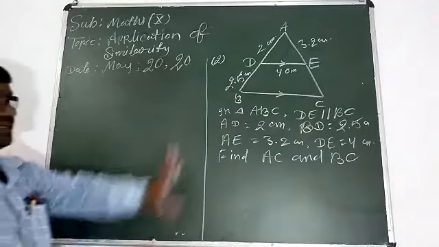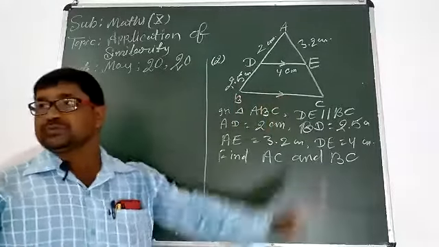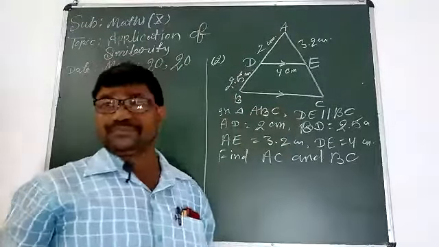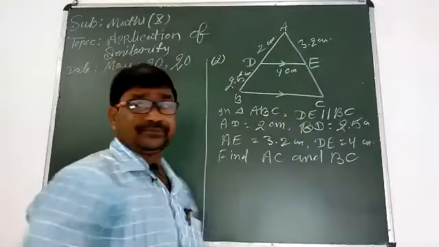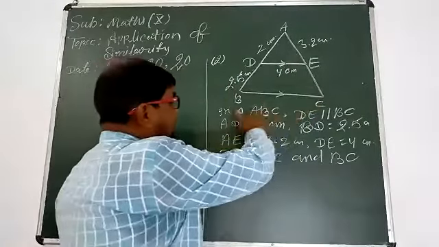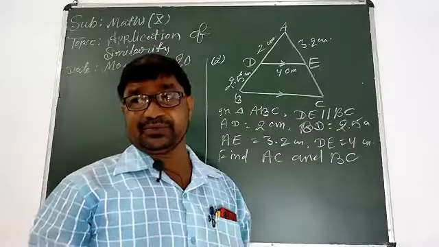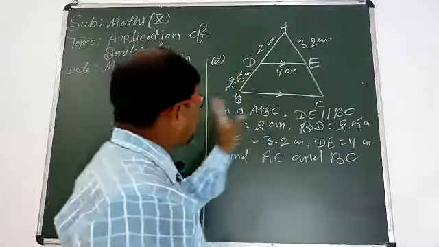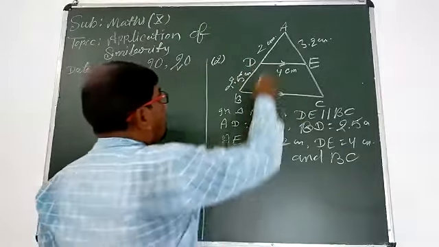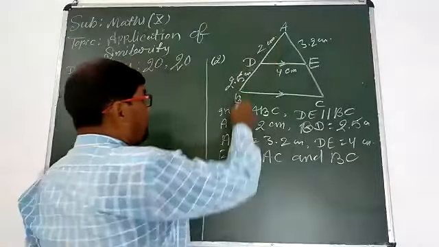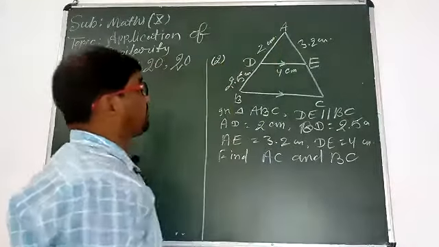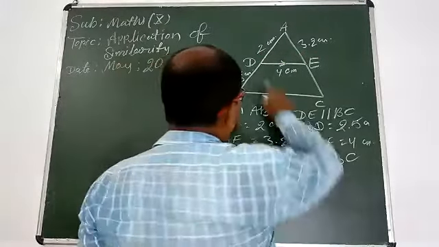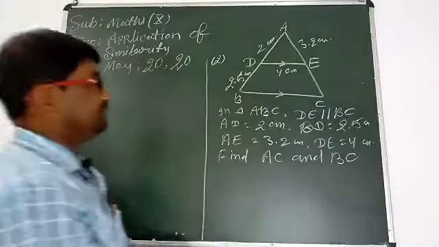Set the problem first. In triangle ABC, DE parallel to BC is given. AD is 2 cm, BD 2.5 cm, AE 3.2 cm, and DE 4 cm.